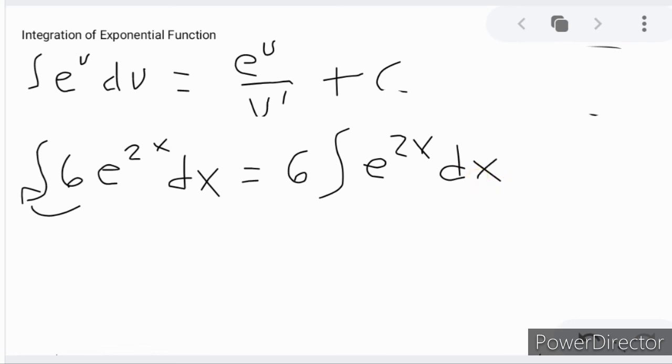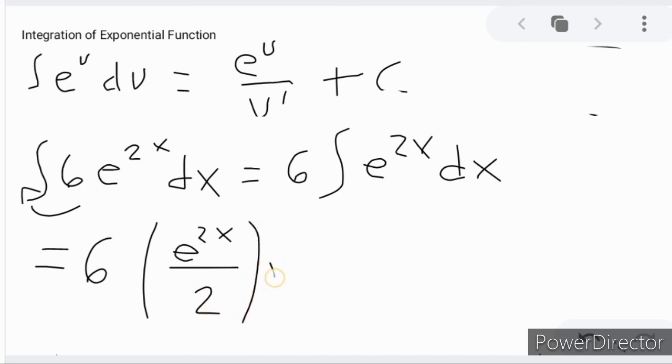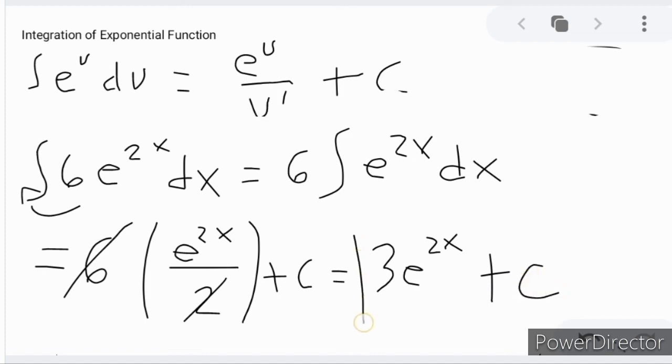The next step is just simply to get the integration of e raised to 2x. And by this time, the answer is 6 times e raised to 2x, and the derivative of 2x is 2. Then, simplify it. We can cancel it. Therefore, we end up with the answer, which is 3e raised to 2x plus c. So, that is our final answer.